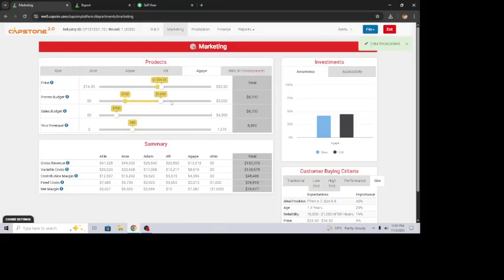Price the promo budget to 2000, sales budget to 2000, and we had forecasted to sell 550 units. So that's our final product in marketing.